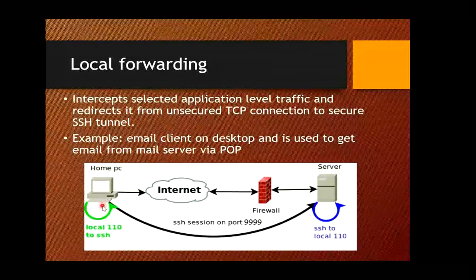In the other direction, the SSH server will take any bits received from port 110 and send them inside the SSH session back to the client, who will decrypt and send them to the process connected to port 9999. So this way we can communicate from the home PC to the server, and this process is called local forwarding.